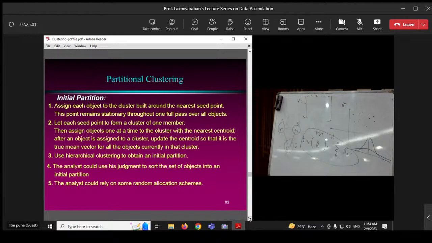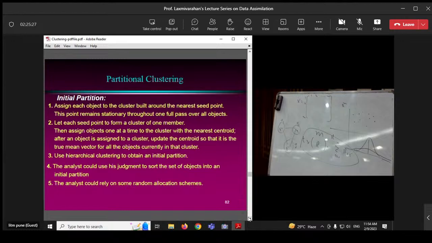So let each seed point form a cluster of one member, then assign objects one at a time to the cluster with the nearest centroid. After an object is assigned to the cluster, I can update the centroid so that it is the true mean vector for all the objects currently in that cluster. So that's the second alternative.